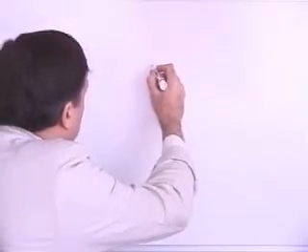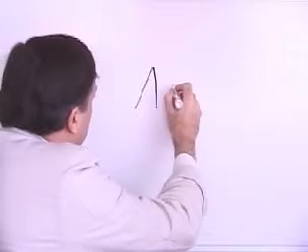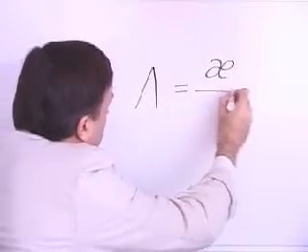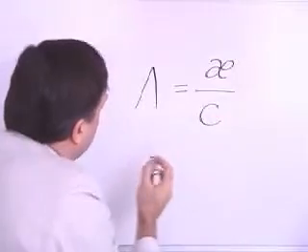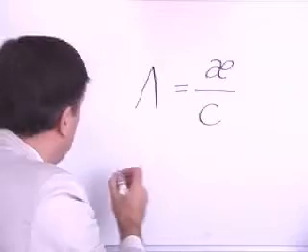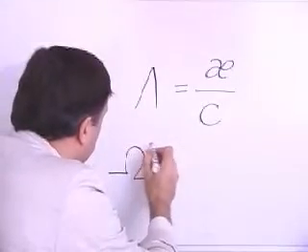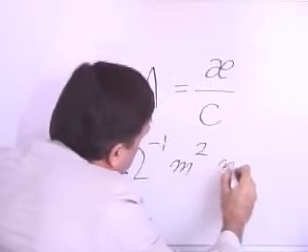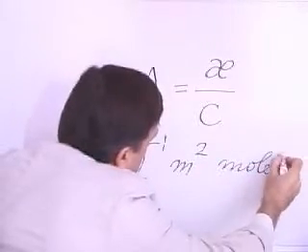A quantity that better characterizes the solution, in the sense we're discussing now, is the so-called molar conductivity. This is the ratio between the electrolytic conductivity and the concentration of the solution. This capital lambda is expressed in ohm to the minus first meters squared moles to the minus first.